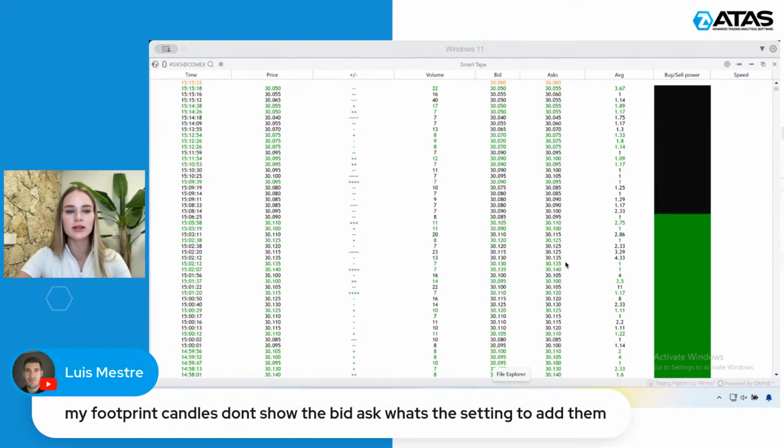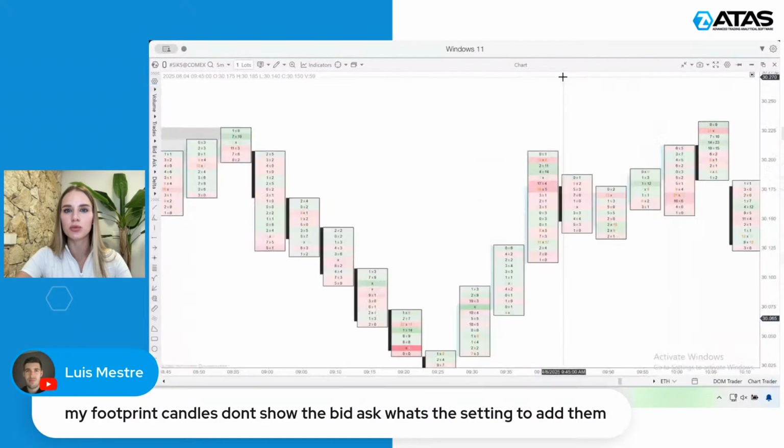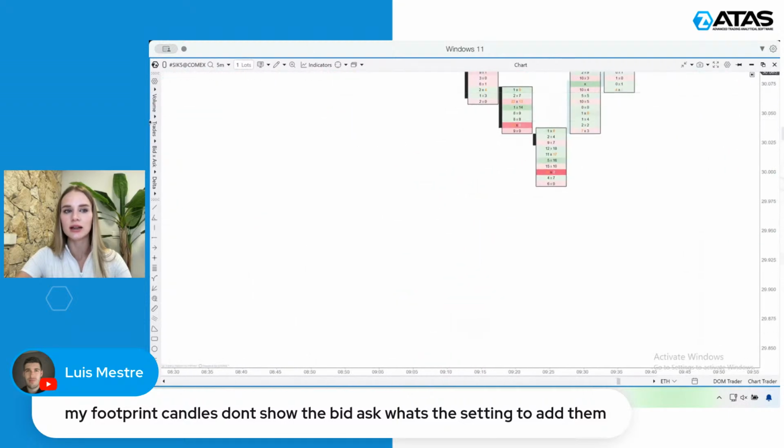Your footprint candles, Louis says, don't show the bid and ask. What's the setting to add them? That's something that you can just change when you choose your footprint chart here, on the left side. When you choose the footprint chart, you will be able to select how you want your footprint chart to be calculated.